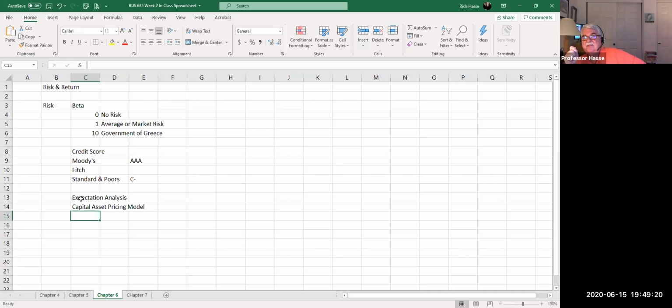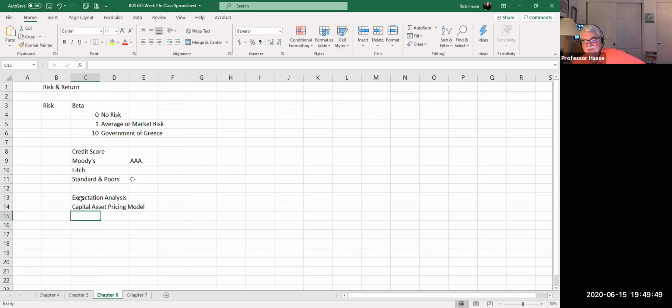Can I estimate my return in the future? The capital asset pricing model is a theory, a formula that's based on today's numbers and looking into the future. I'll say that again. It's a calculation of what you expect to earn in the future based on today's risk and return.